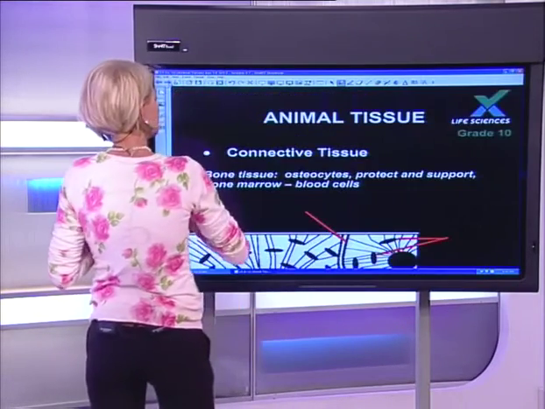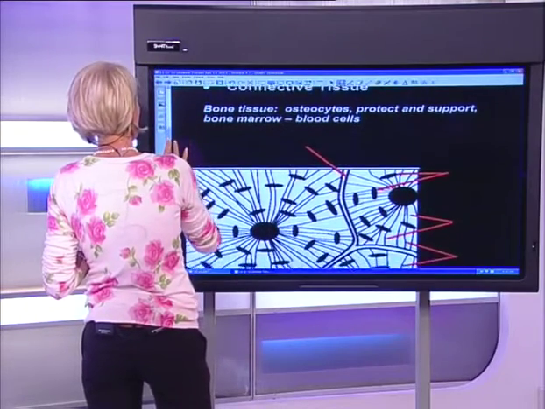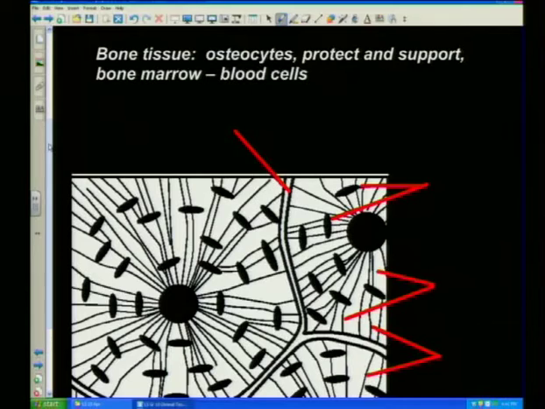Okay, now we move on to connective tissue still, and here we're looking at bone tissue. Now, having spoken about bones, this is what we have. The little structures here are osteocytes, where you had chondrocytes to make up your elastic, white and yellow cartilage tissue.